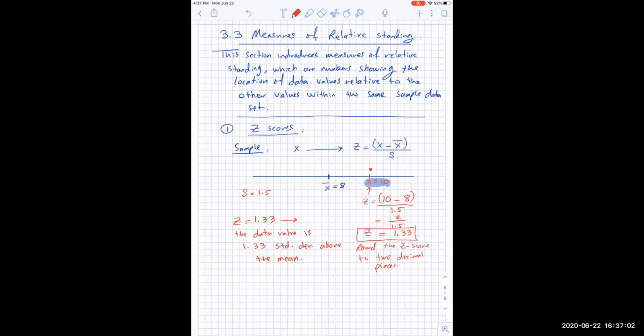Now, what if my data value is below the mean? What if my data value is right here? Let's say X here is 4. What is the z-score of that data value?